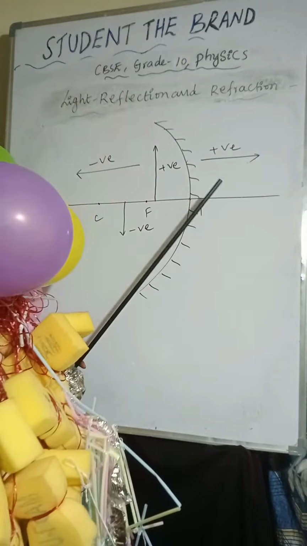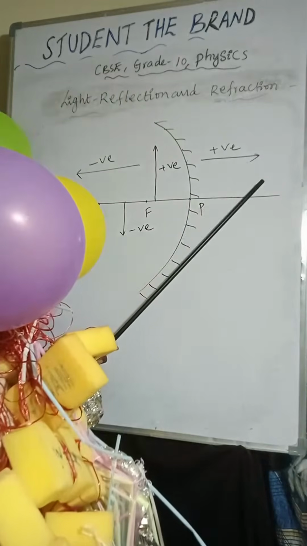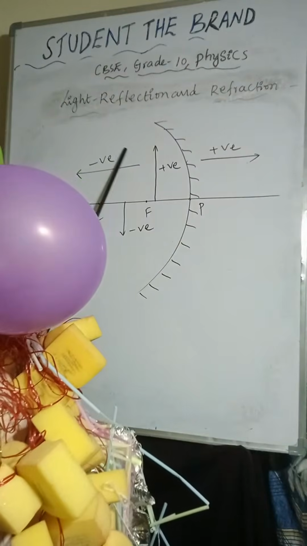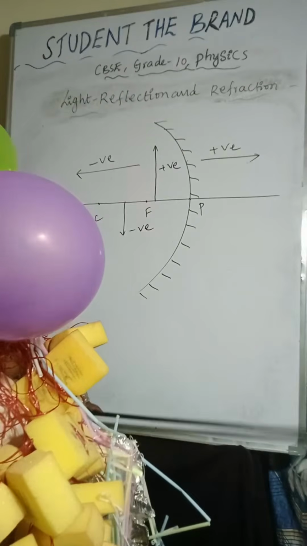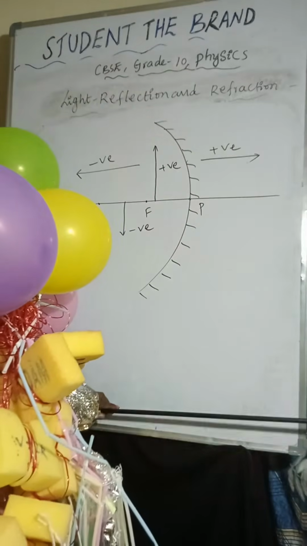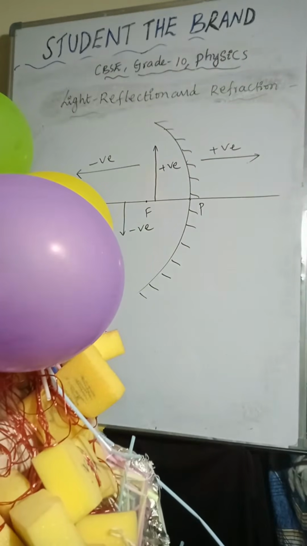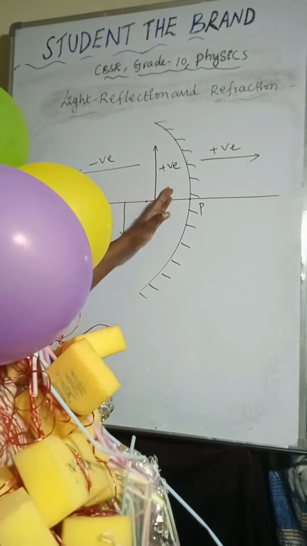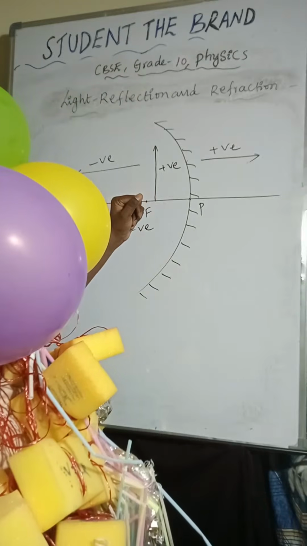Once again, in the direction of incident rays, object distance and image distance are all positive. Opposite to incident rays, all are negative. Above the principal axis, it is positive. Below the principal axis, it is negative. New Cartesian sign convention: all distances are measured from the pole.